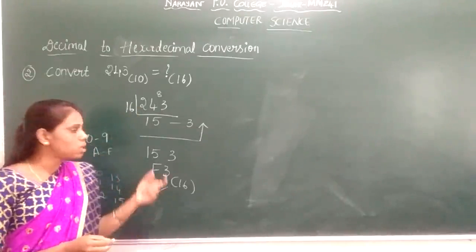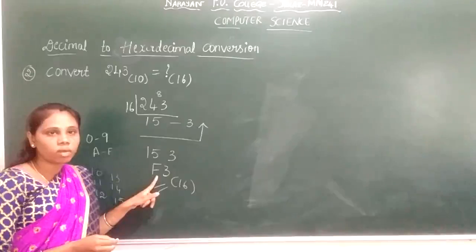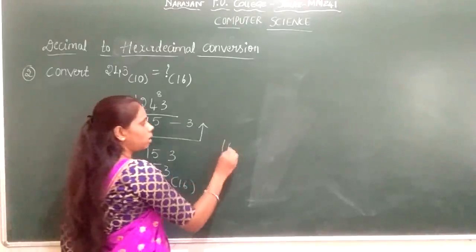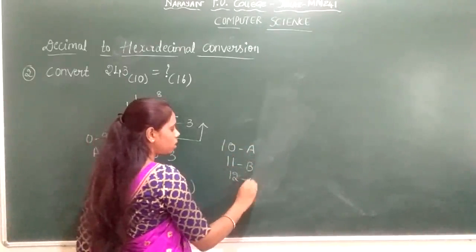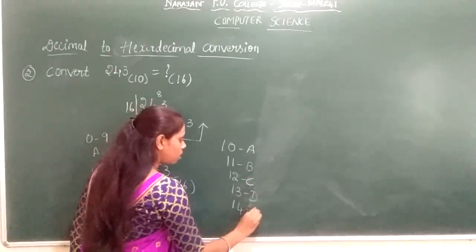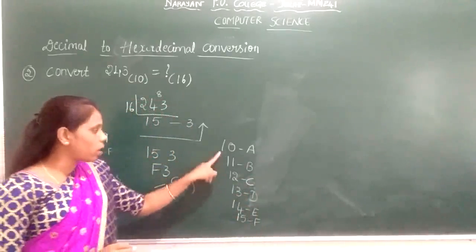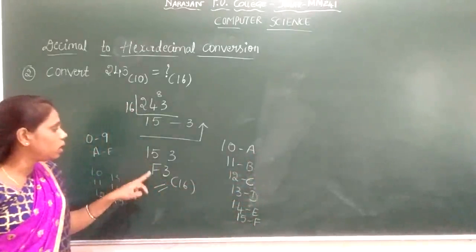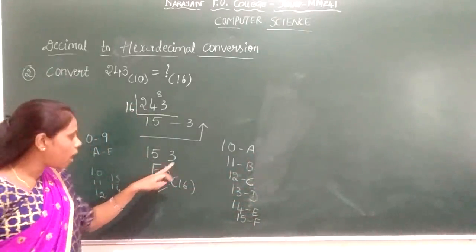See, in hexadecimal number system, if you get the digits after 9, that is 10, 11, 12, 13, you need to represent its equivalent alphabetical value, that starts from A to F. Now what is the value of 10? 10 represents A, 11 represents B, 12 represents C, 13 is D, 14 is E, 15 is F. So if you get any of these 6 values, you need to represent its equivalent alphabetical value, that is A, B, C, D, E. Now 15 represents F. So in place of 15 you need to write F and 3 as it is.